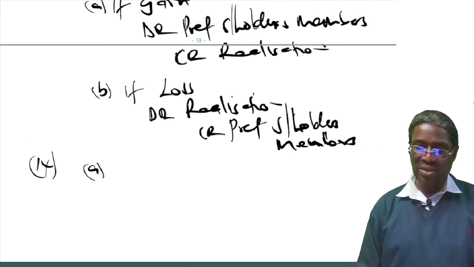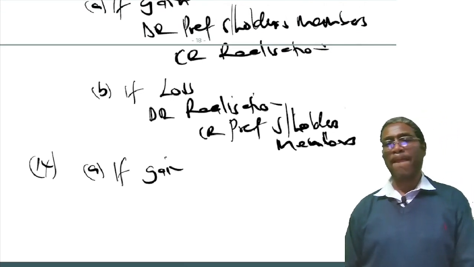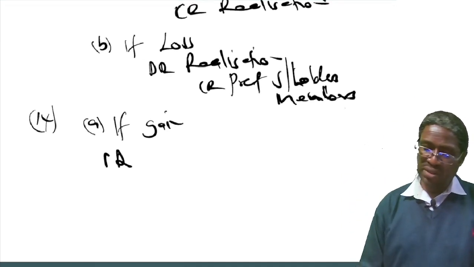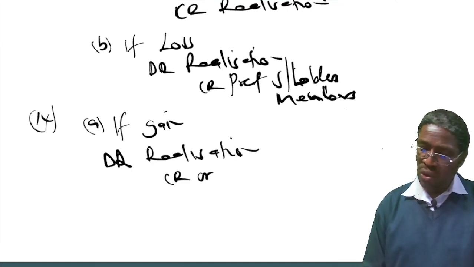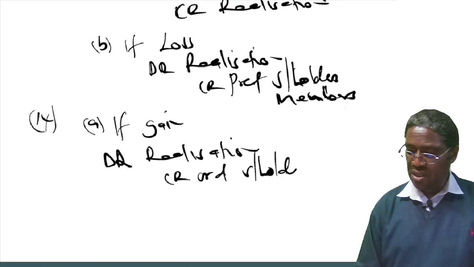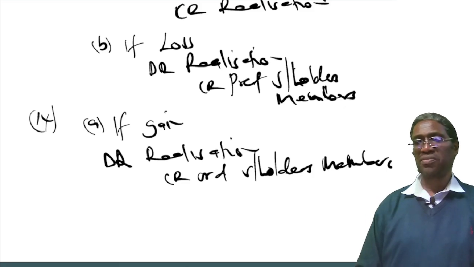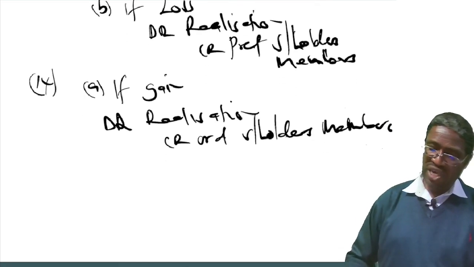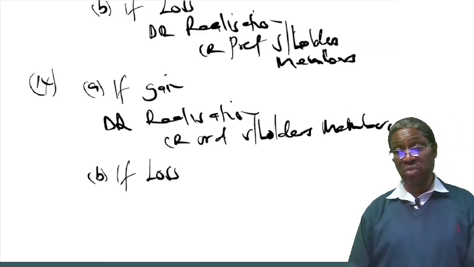Then you say number A, if gain, debit realization, credit ordinary shareholders members. That is if it's a gain on realization. Number B, if loss, that means you sold your business at a loss.